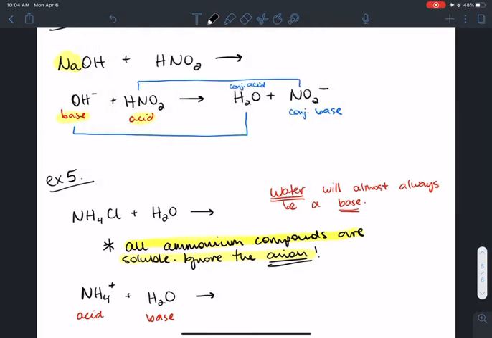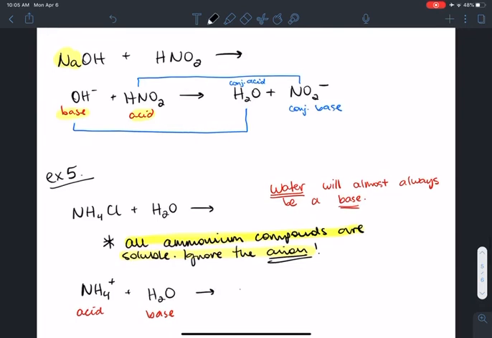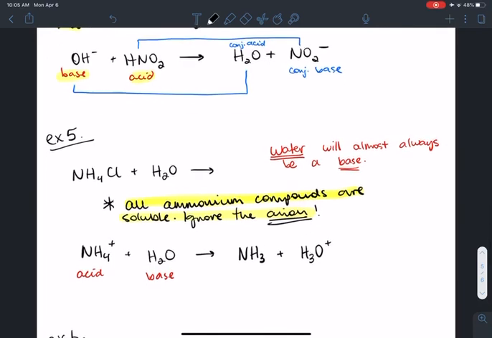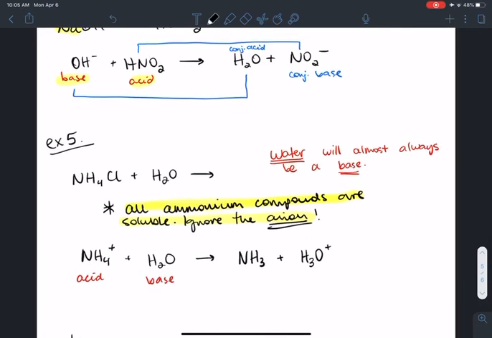So since ammonium is an acid, that means it's going to donate a proton, which means it's going to lose a proton. So if NH4+ loses a proton, it becomes NH3. Ammonia has no charge. Plus, if water gains a proton, it becomes H3O+. Remember, the charges have to balance. And if you're like, well, why does H3O have a +1 charge?